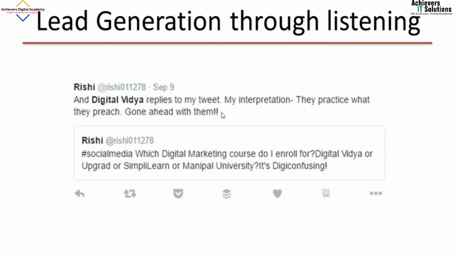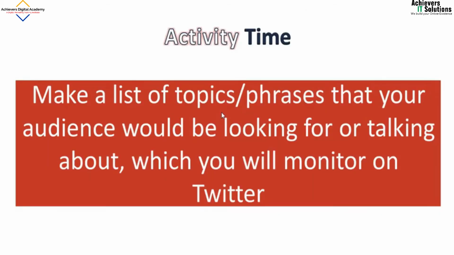Right? So it's activity time again. What I want you guys to do is pick up your notebook and pen and make a list of all the topics and phrases that your audience would be looking for or talking about on Twitter, which you will then need to listen on or monitor. So pick up your notebook and start writing down.